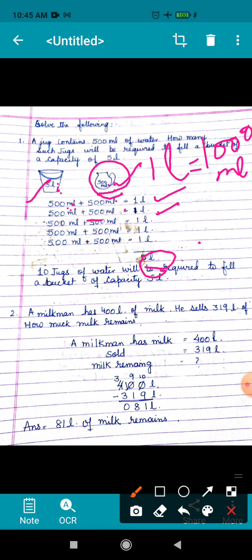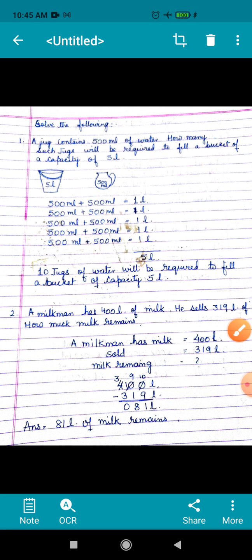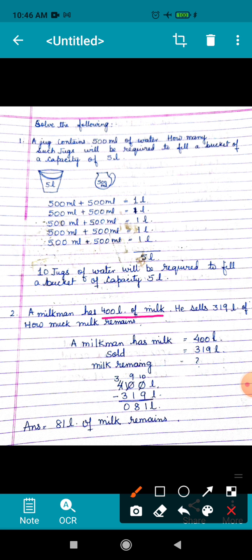Now, question number 2. A milkman has 400 liter of milk. He sells 319 liter of milk. How much milk remains?